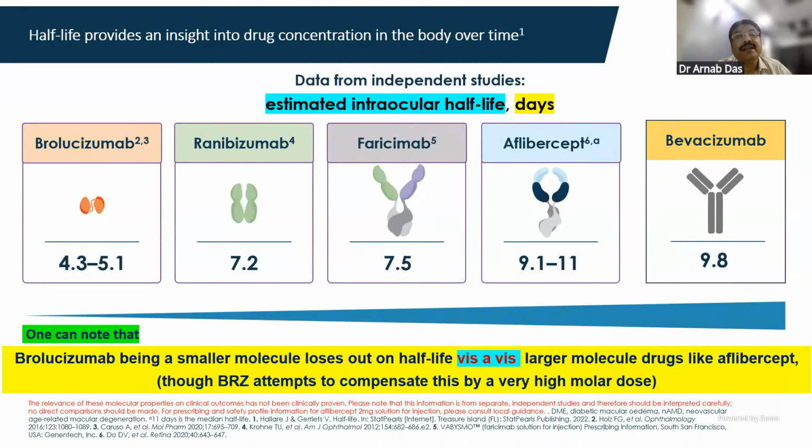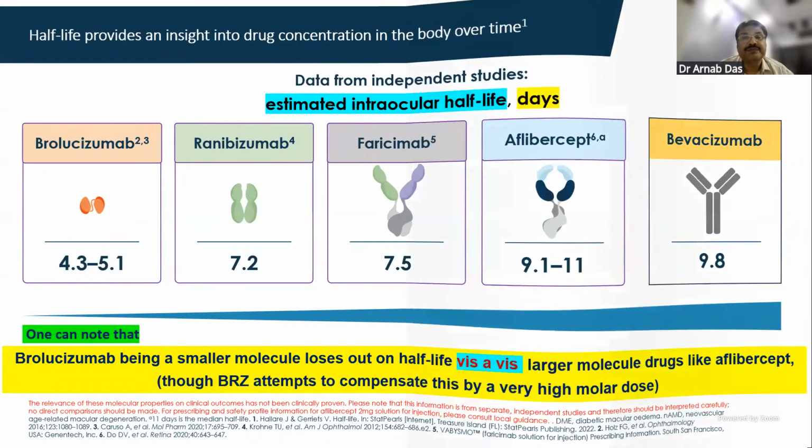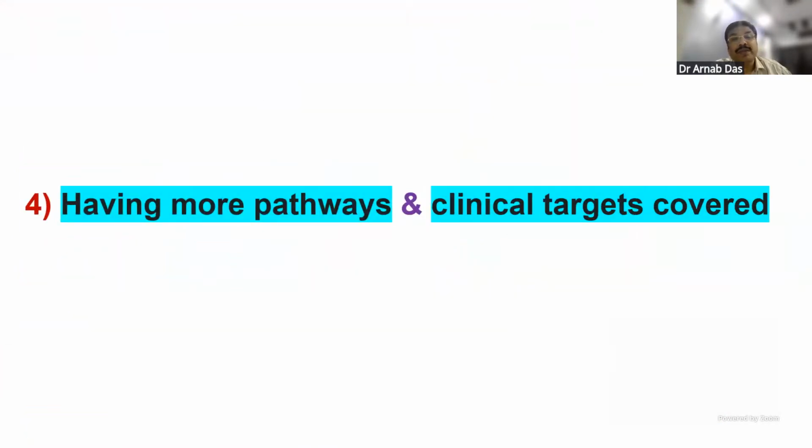If you see the estimated intraocular half-life in days, one can note that bevacizumab, being a smaller molecule, loses out on half-life vis-a-vis larger molecules like aflibercept, though bevacizumab attempts to compensate for this with a very high molar dose. Next, having more pathways and clinical targets covered.